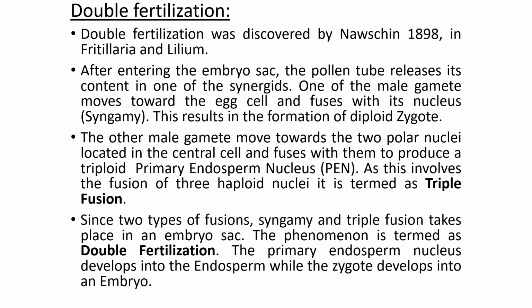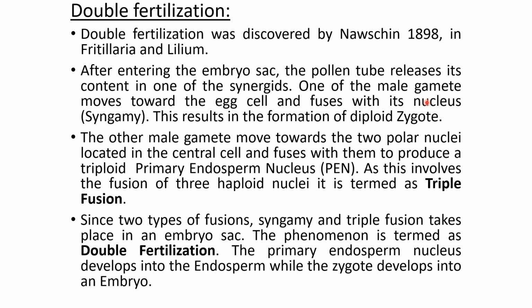Fertilization. Double fertilization was discovered in angiosperms by Nawaschin in 1898 in Fritillaria and Lilium. After entering the embryo sac, the pollen tube releases its content in one of the synergids. One of the male gametes moves toward the egg cell and fuses with its nucleus.